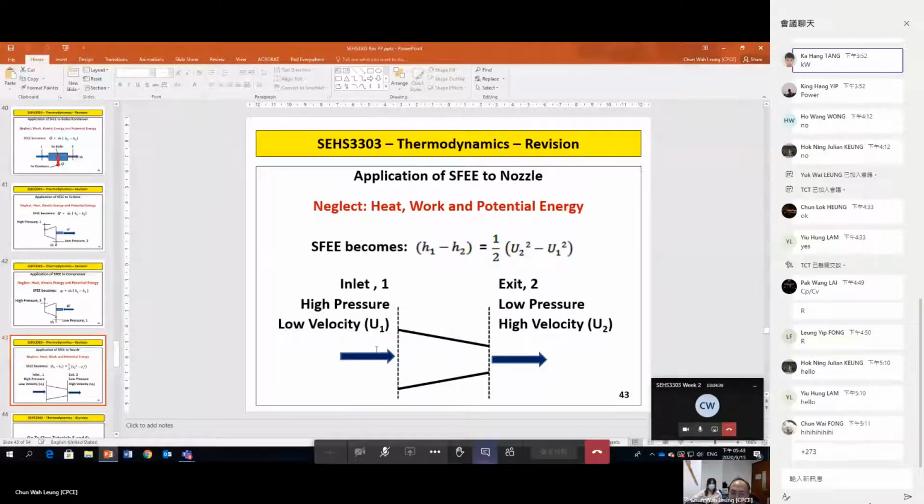Now I'm talking about a little bit more difficult case. This is a nozzle. A nozzle is a device making use of the change in flow area. So the flow area keeps on reducing, and using this reduction in area, the velocity increases.